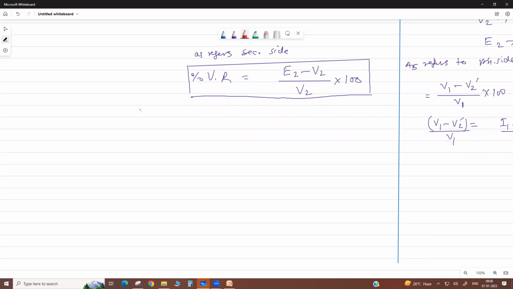If we calculate total copper losses, please remember, if total resistance is R01 as referred to primary side, then we take the primary current. So this will give you the total copper loss as referred to primary. Or you can individually add primary current squared times primary resistance plus secondary current squared times secondary resistance. Correct?